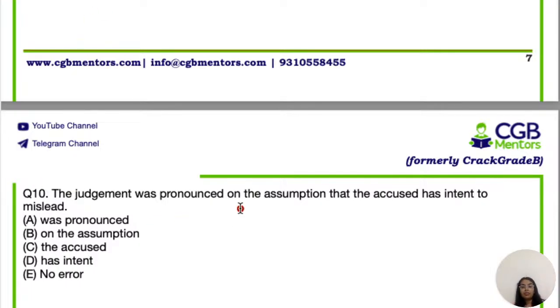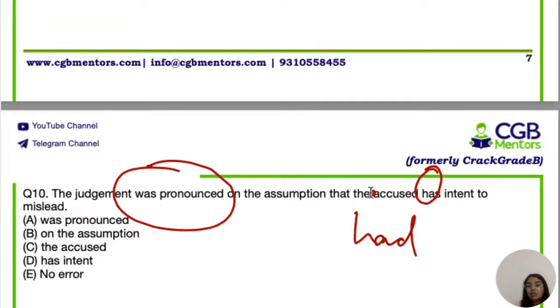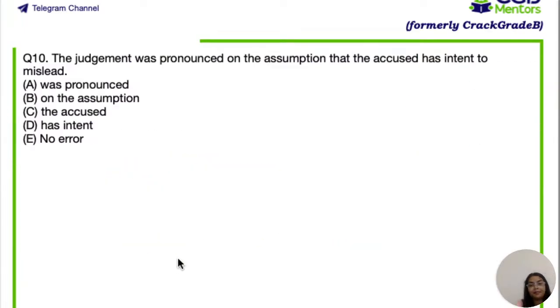The judgment was pronounced on the assumption that the accused had intent to mislead. Was pronounced, everything is of past, so present perfect का use नहीं होगा. D is your answer.